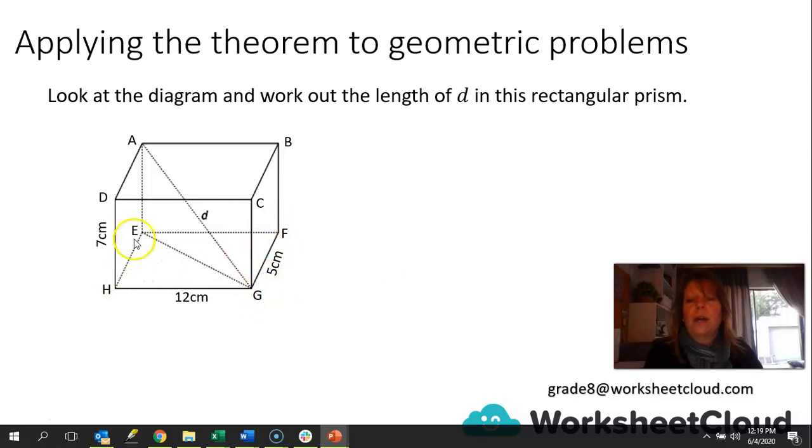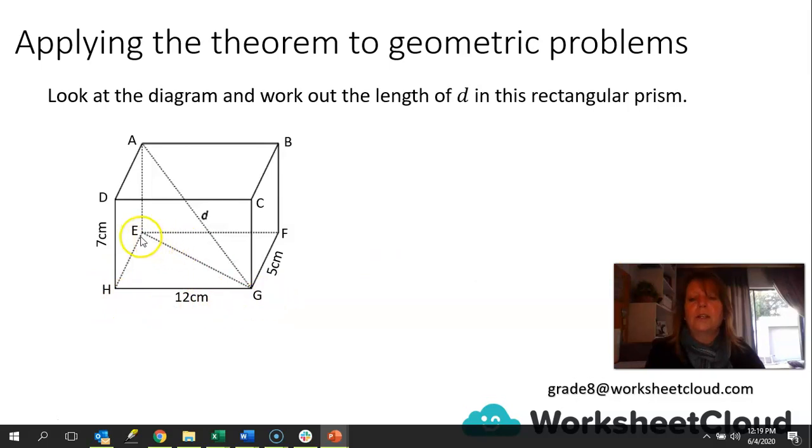GF is equal to HE, which is equal to DA, which is equal to CB. But if we use that in this explanation, we've actually got to state that they are equal because it is a rectangular prism. The fact that it is a rectangular prism is important because we know the properties of a rectangular prism. And it's the same with the heights and the lengths.